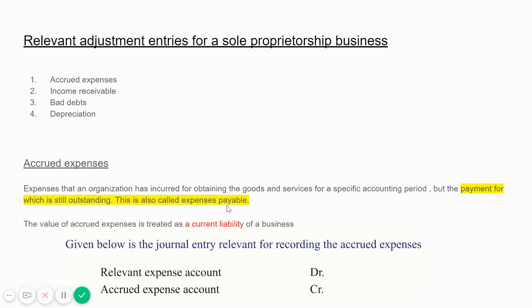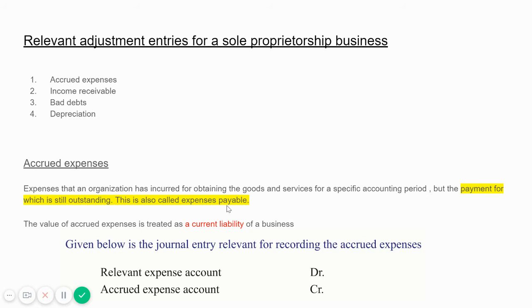But actually they have been identified after preparing the accounts. So thereby now it's our duty to adjust them in our financial statements and present them to the stakeholders very accurately.